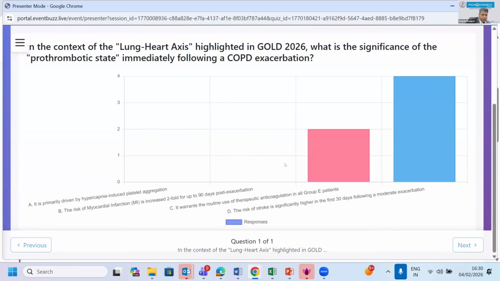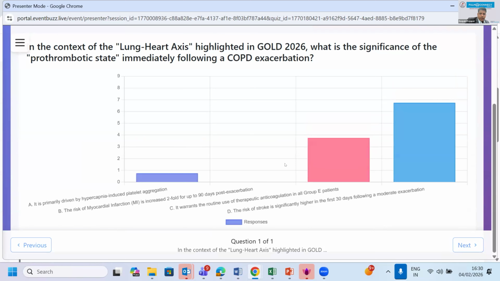The first option is, it is primarily driven by hypercapnia-induced platelet aggregation. The second option is, the risk of myocardial infarction is increased twofold for up to 90 days post exacerbation. The third option is, it warrants the routine use of therapeutic anticoagulation in all group E patients.